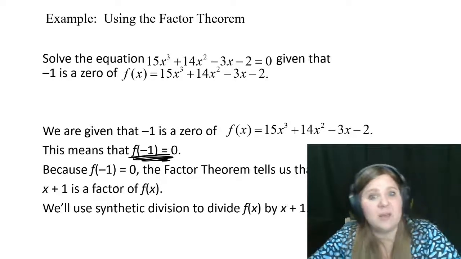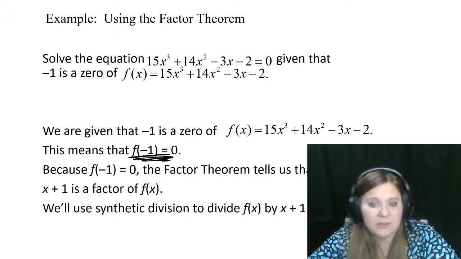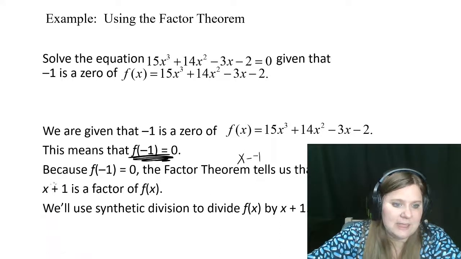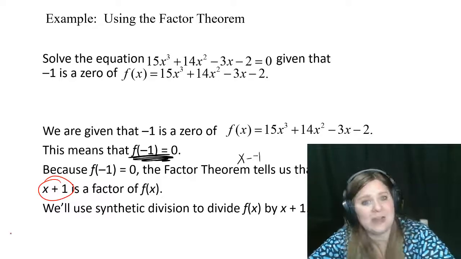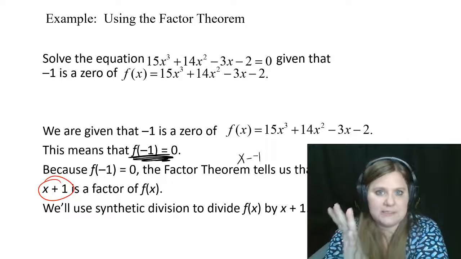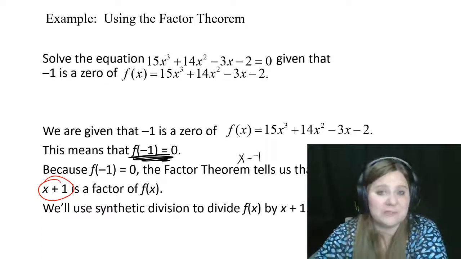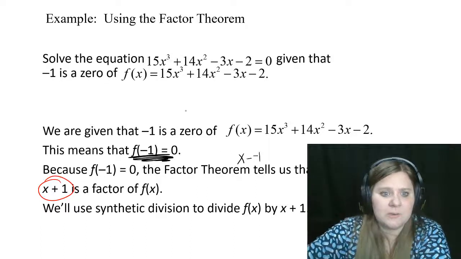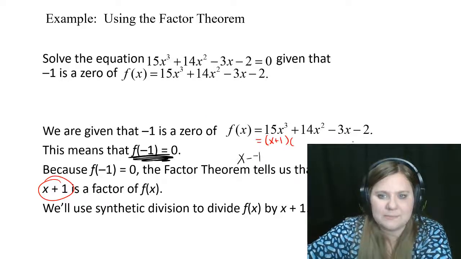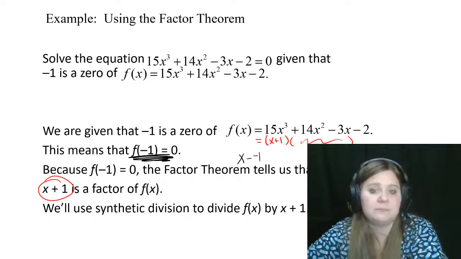And because f of -1 equals 0, then I know that x minus -1, which happens to be the same thing as x plus 1, is a factor of f of x. So I'm going to be able to use that in order to factor out x plus 1. So f of x really equals x plus 1 times something.